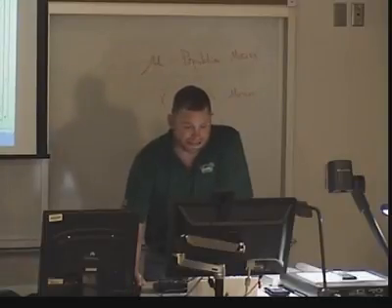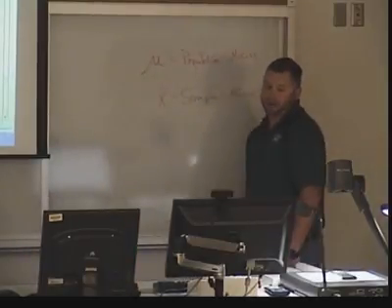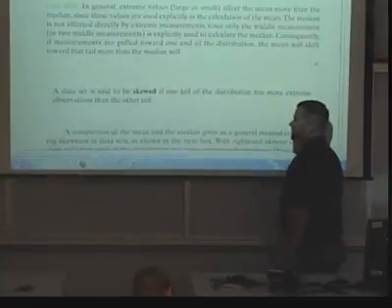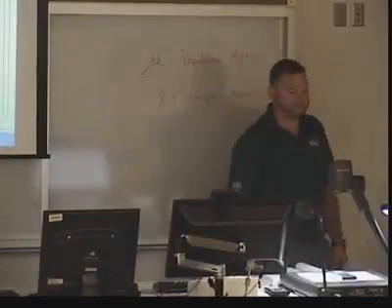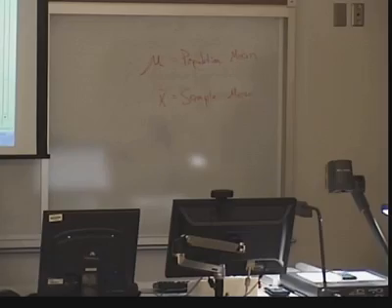A data set is said to be skewed if one tail of the distribution has more extreme observations than the other tail. When I say tail, I'm talking about out at the edges, all right? So there's two tails, which is kind of counterintuitive, right? Because animals only have one tail, not two tails. But in a distribution, there are two tails.